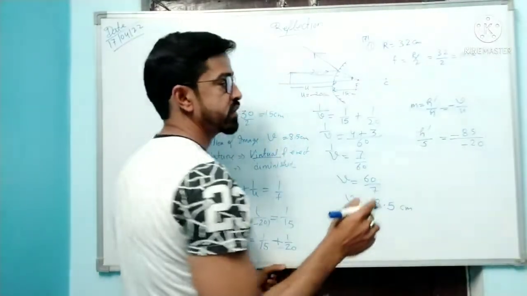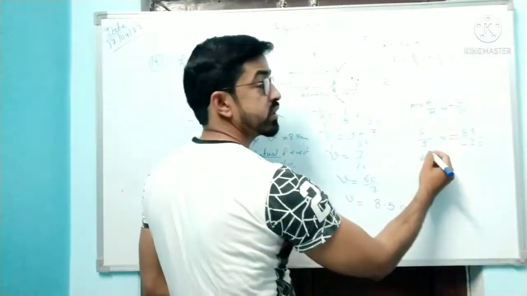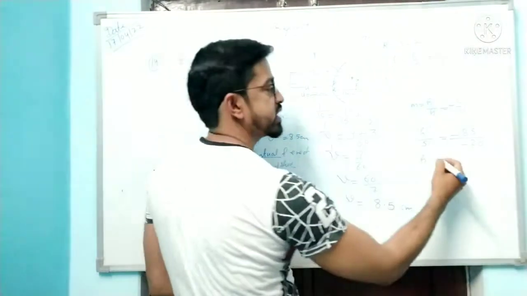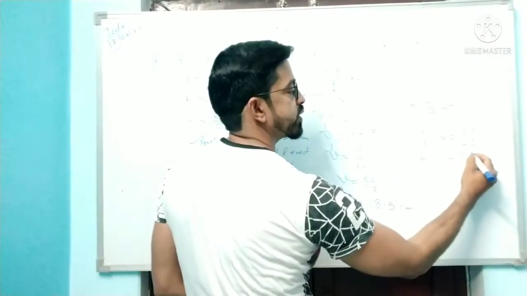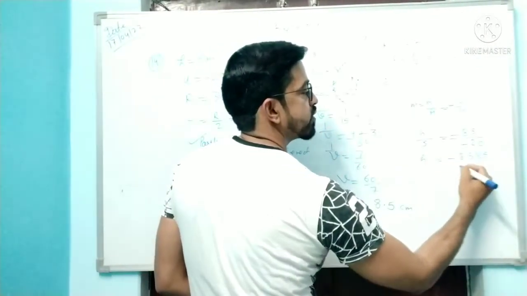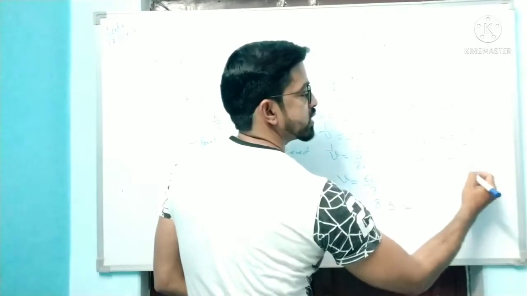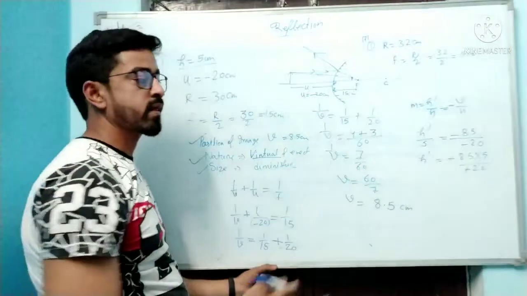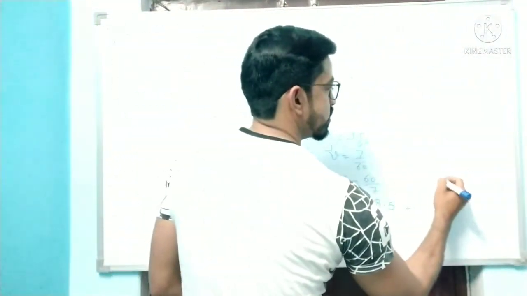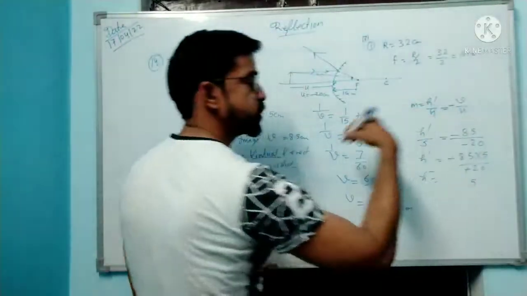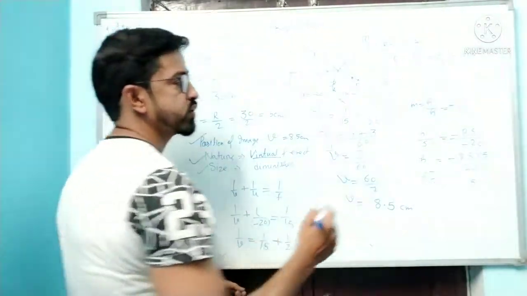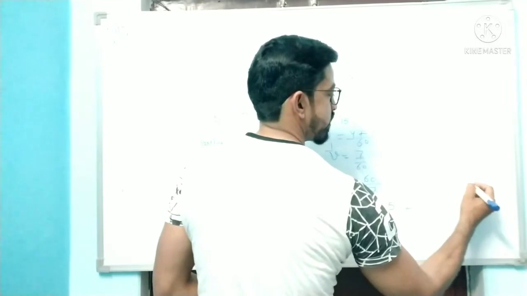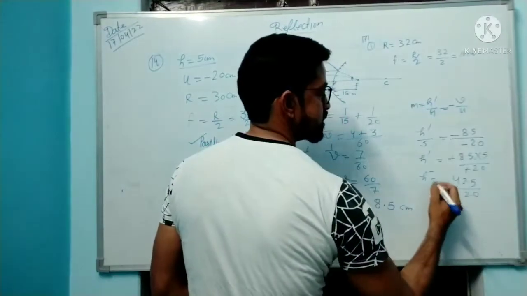Use all the signs carefully. Put all the signs carefully. H dash is equal to minus 8.5 times 5 upon minus 20. Minus cancels minus. Okay. H dash is equal to 5 5s are 25. Carry 2. 5 8s are 40. So 42.5 upon 20.